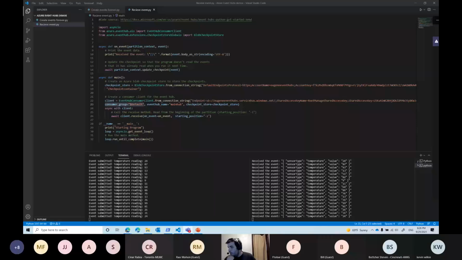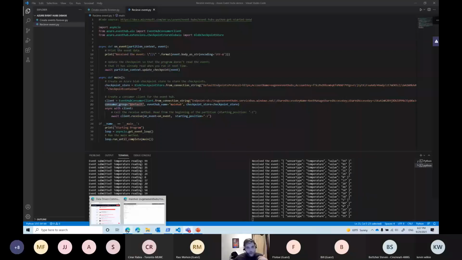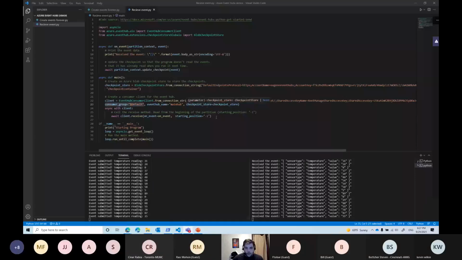Okay, so Gina has a question. The namespace has to be unique throughout Azure rather than throughout the tenant. My understanding is yes, it has to be unique throughout all of Azure, because it's essentially a URL as far as I understand it, right?